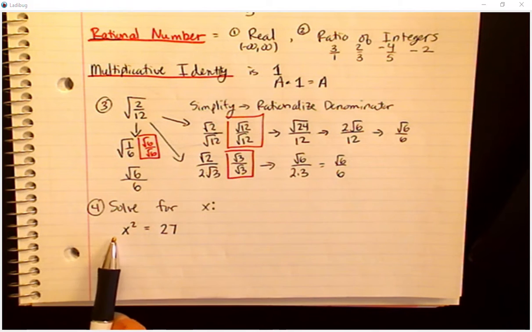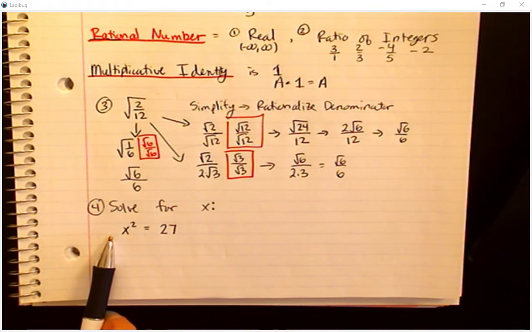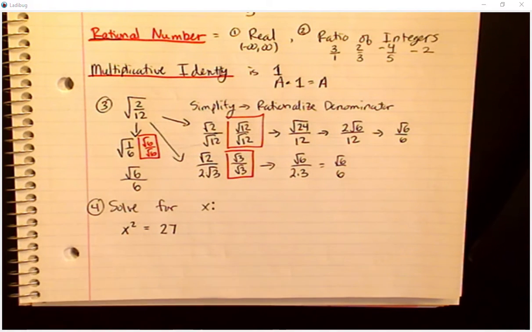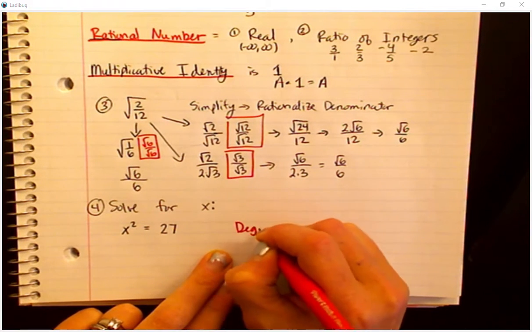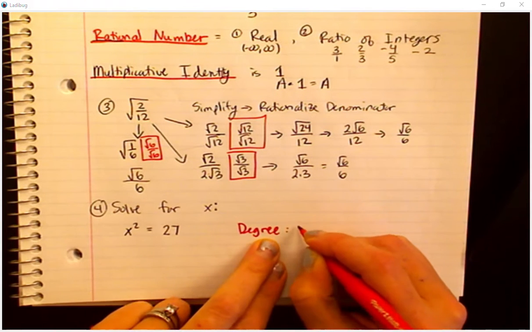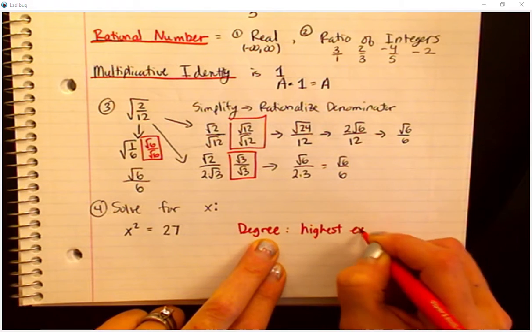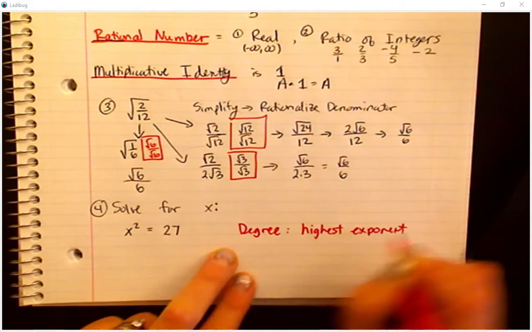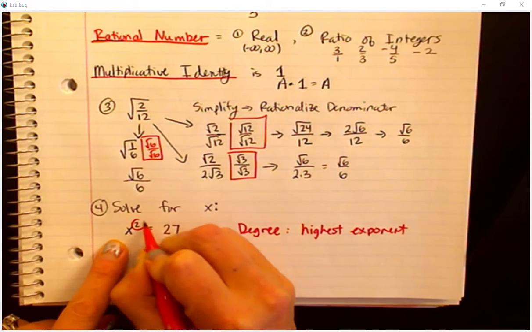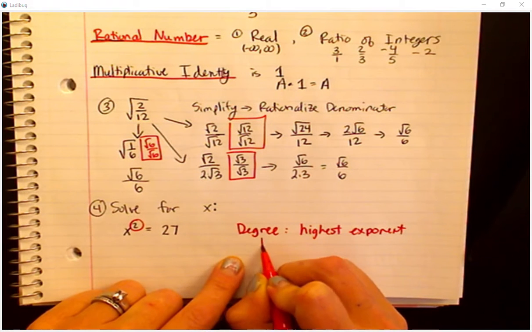Notice that as we go through our units or standards, we're kind of in standard 3, which is all about quadratics. An intro to quadratics means my degree, there's a vocab word. Degree is the highest exponent. So in this particular example, the degree is 2.